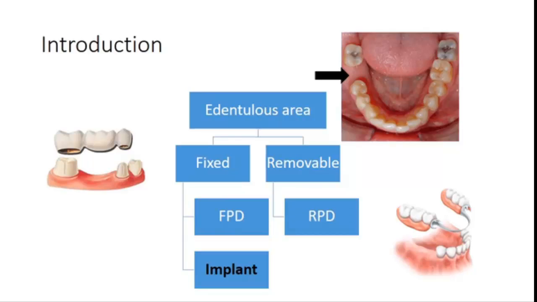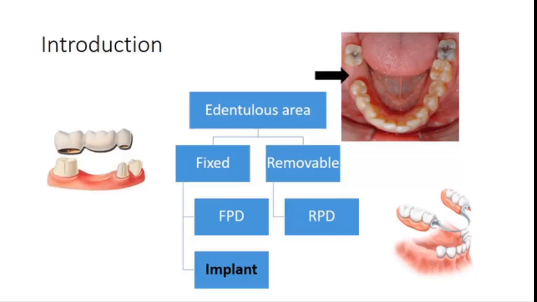Like what you see on the slide now is an edentulous area, which can be replaced by different methods, that is fixed and removable. Removable are those removable partial dentures of different types, simple acrylic forms or the chrome cobalt type.